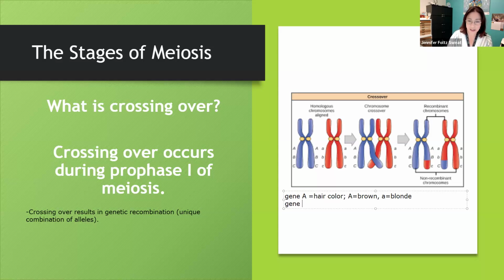Gene B is eye color. Remember, eye color would be the trait. Let's say capital B equals brown eyes. Lowercase b equals blue eyes. Gene C equals height. Capital C equals tall. Lowercase c equals short. Okay, so I'll let you guys get that written down.